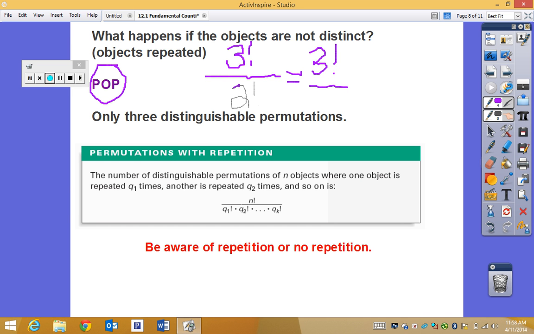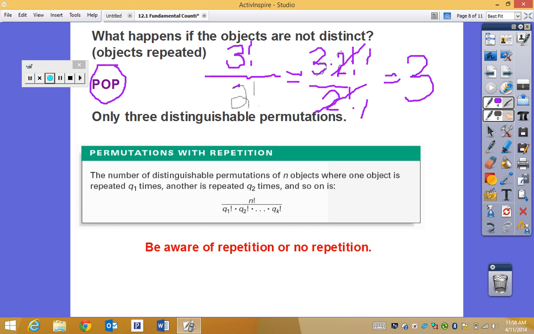The 3 factorial, remember, is 3 times 2 times 1, which is 3 times 2 factorial, and the 2 factorial will simplify. So that's going to give us 3 different arrangements that are distinct.